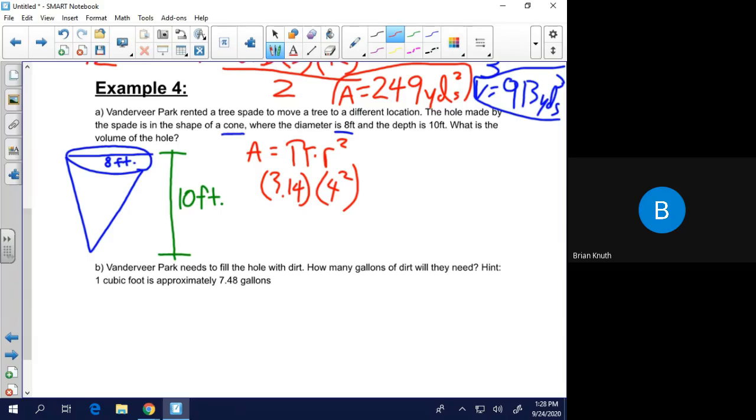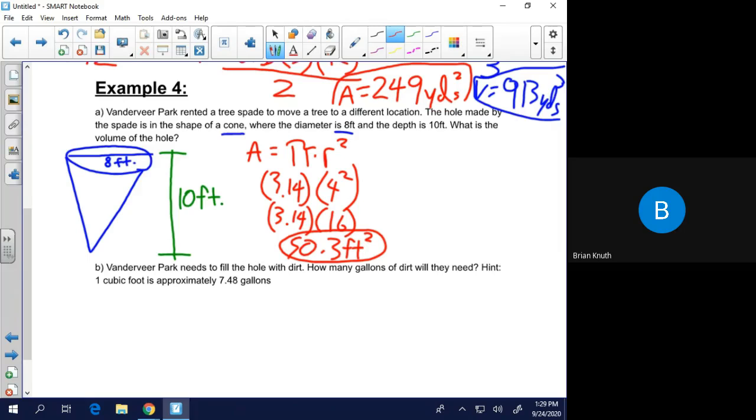Okay. So then I have 3.14 times 16. And when I plug that in the calculator, I end up getting 50.3 feet squared. Okay, so that is the area of the base of the cone.